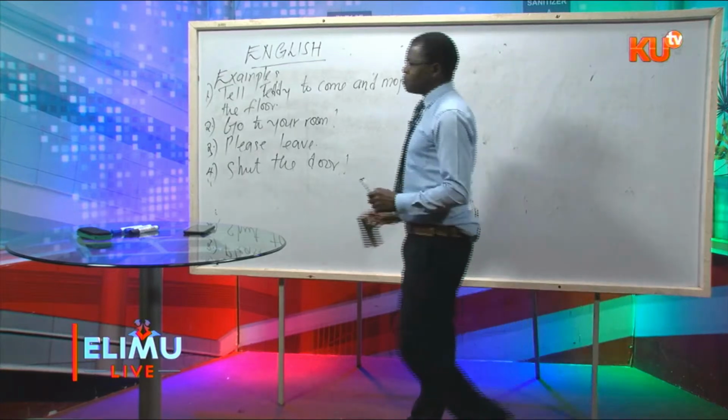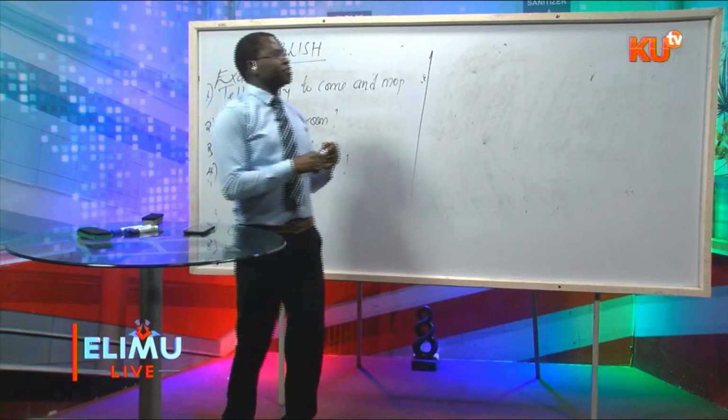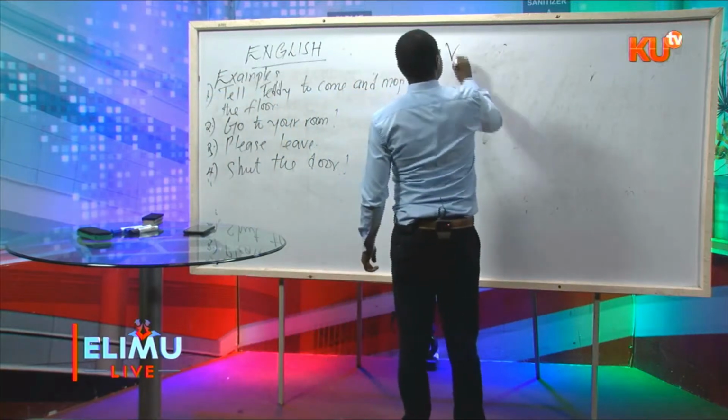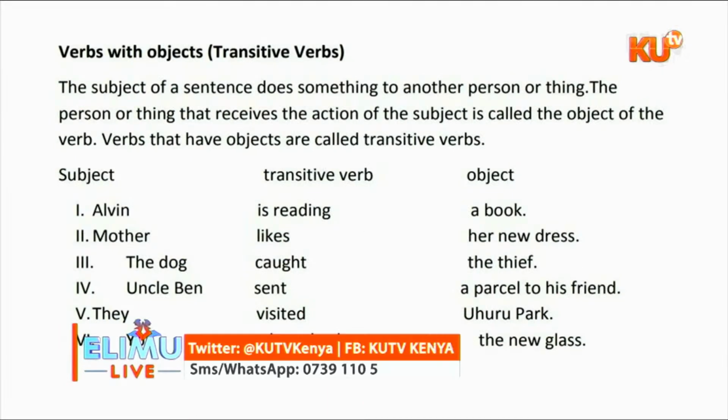The other name for verbs with objects is transitive verbs.